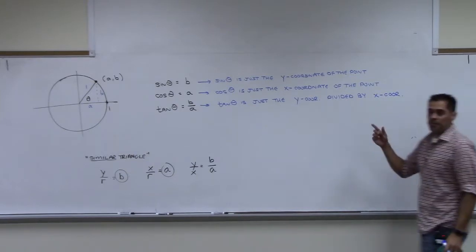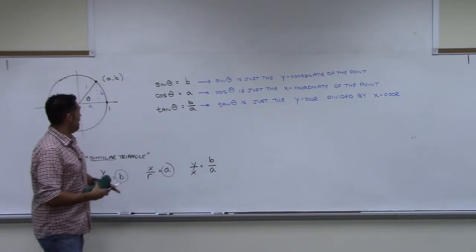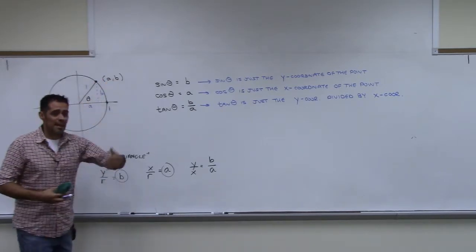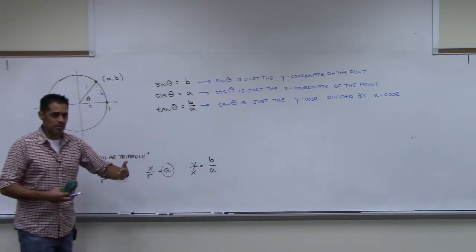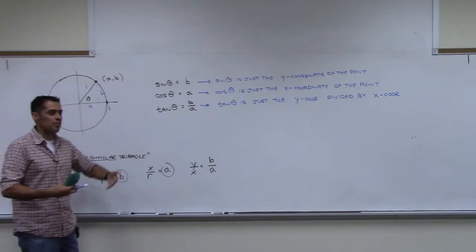This only works if you're on a unit circle. If you're on the unit circle, then the actual x and y values tell you exactly the value of the trig function. Do you get that? These numbers are the answer to the question of what's sine of the angle.